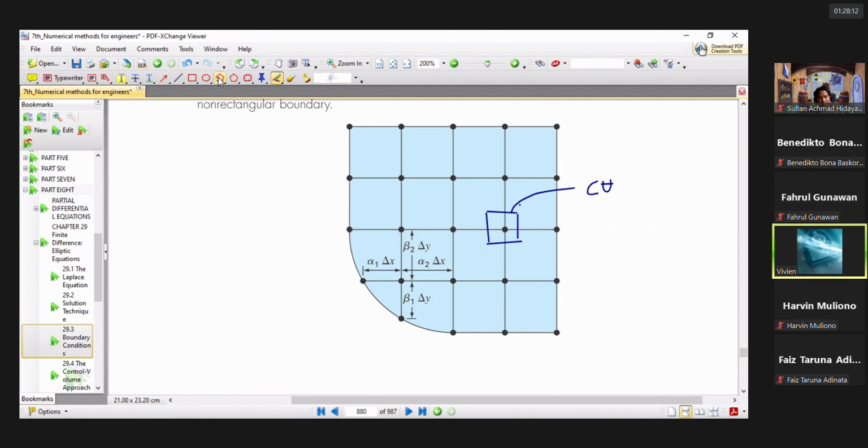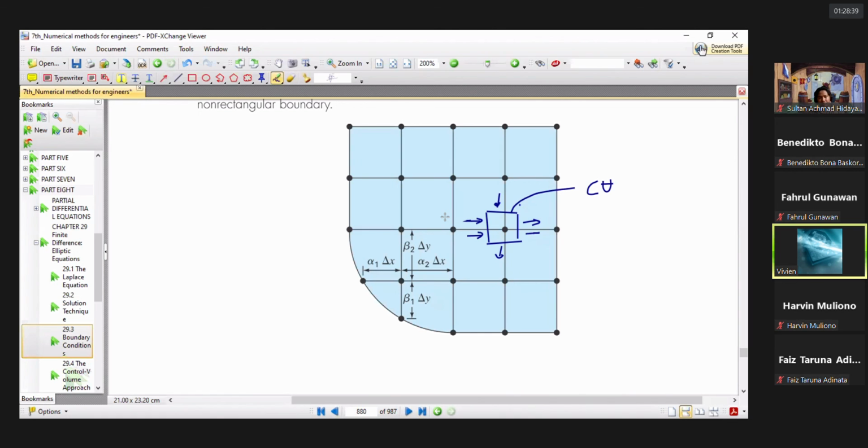When we have a control volume, I think you have to learn that in fluid mechanics as well, we have a mass flow rate that goes in and out of the control volume, for example. So we also need to calculate the mass flow that goes into and out of the control volume. That is different to what we have learned here.